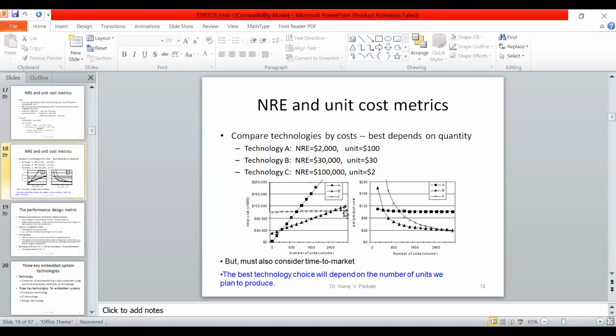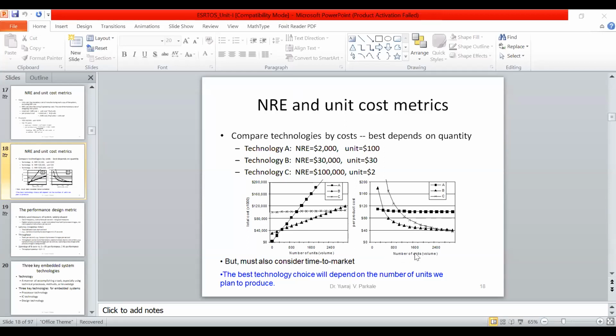Now observe technology C, shown by the cross mark. That is almost flat. That means whether the number of units is 0 or maximum, the total cost remains the same. That is one of the advantages of technology C.